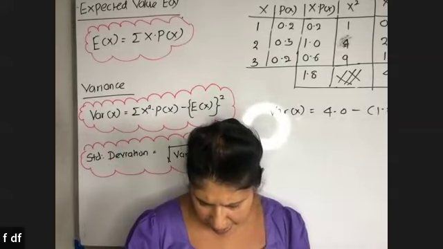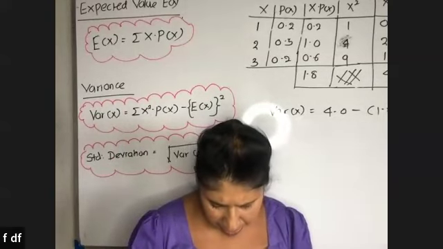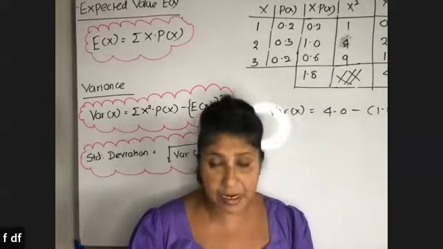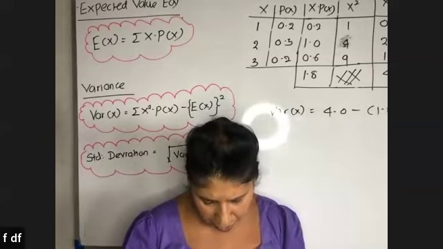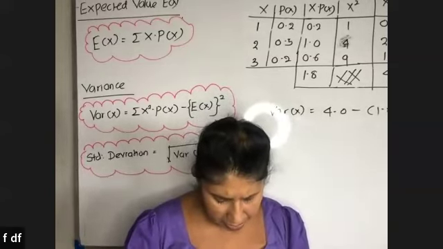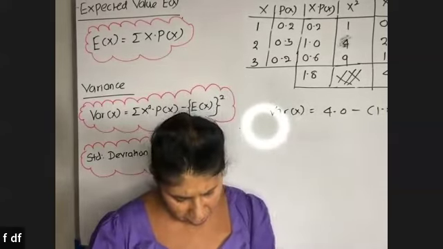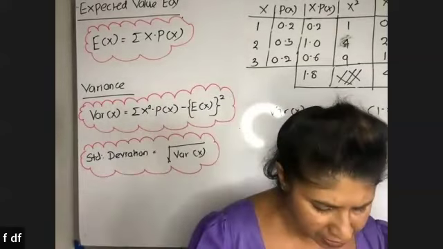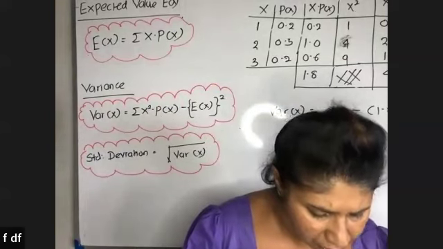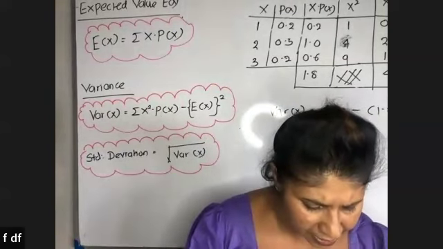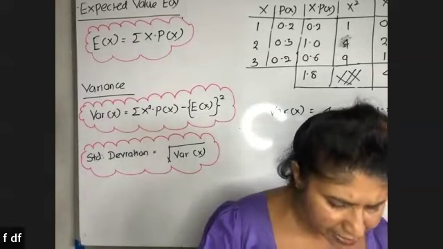Considering the number of matches in a box as random variable x, construct a probability distribution of x. Second, evaluate the expected value and variance of the distribution. Third, find the number of matches needed if 10,000 boxes of matches are to be made.